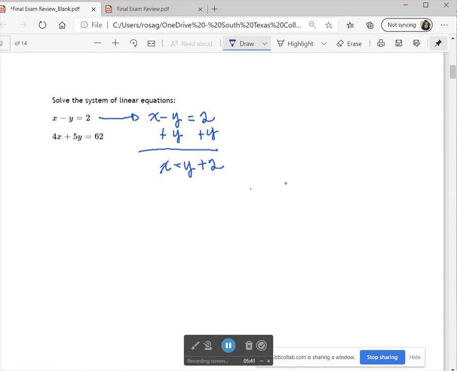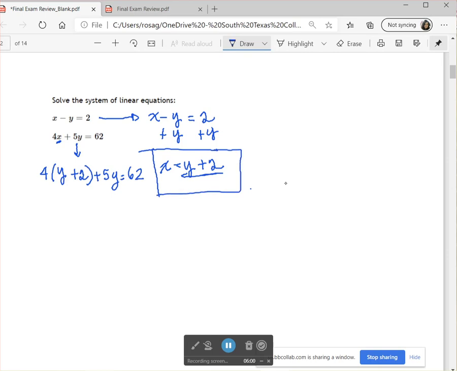Once you have solved for X, then you're going to go to the other equation and you're going to substitute what you found for X. So I'm going to put 4 instead of the X. I am going to put Y plus 2 and then plus 5Y equals 62.